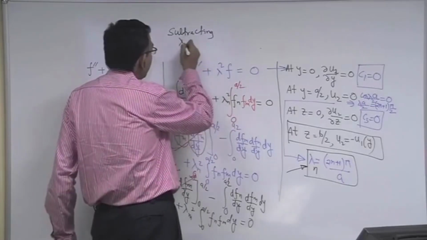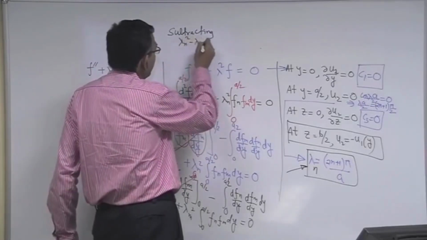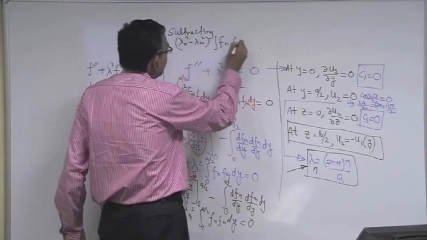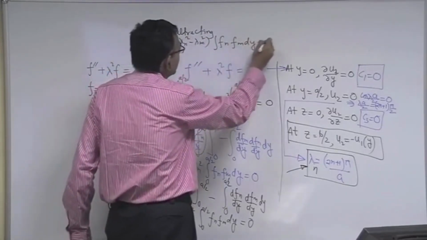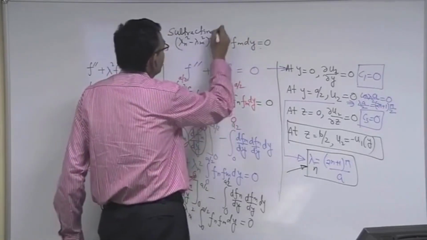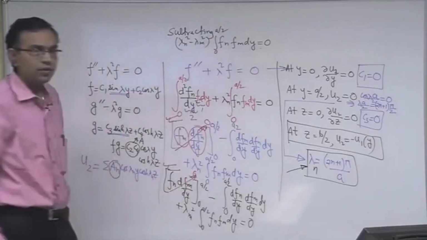So, lambda n square minus lambda m square, integral f_n f_m dy from 0 to a by 2, is equal to 0. So, what can we conclude from here?